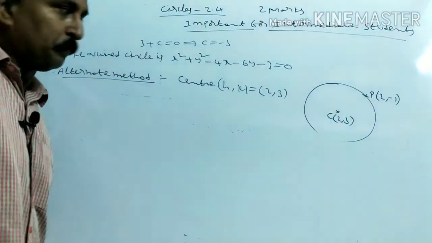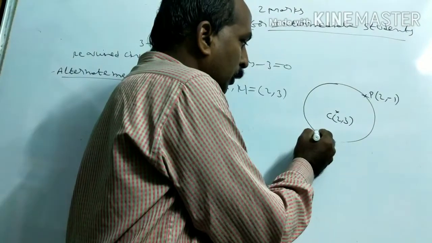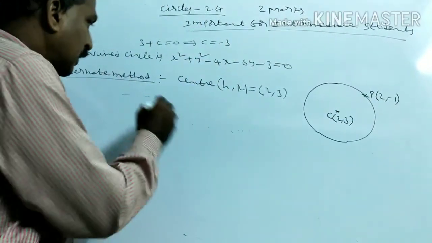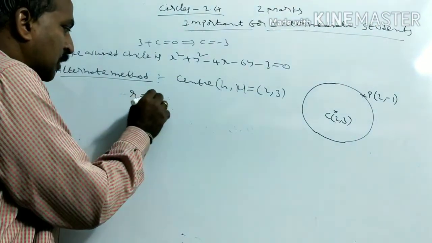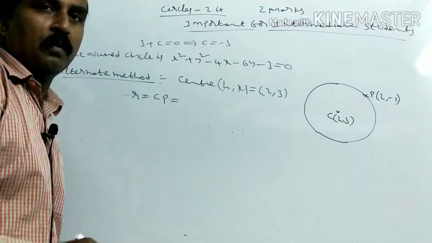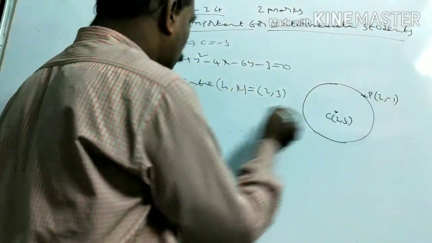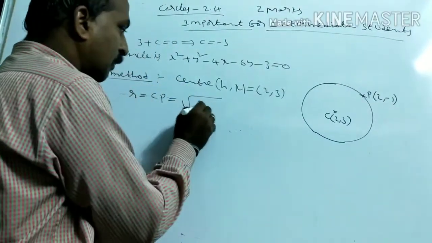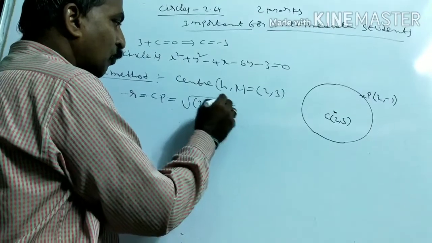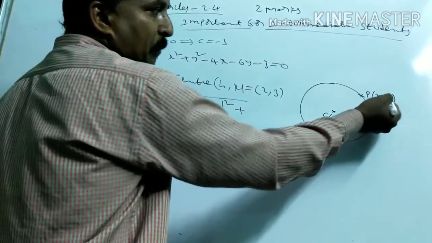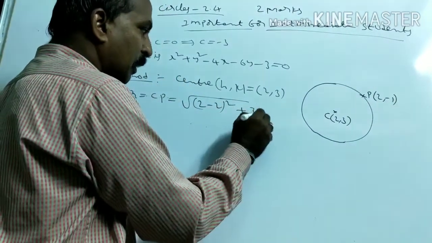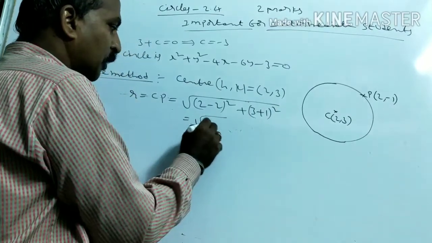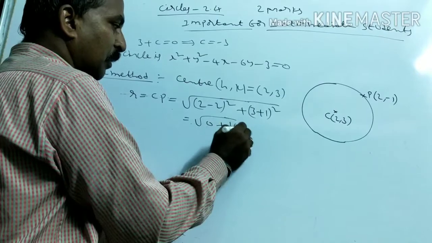We know that the distance from the center to any point on the circle is the radius. Radius r equal to CP, the distance between 2 points, square root of (x2 minus x1) whole square, (2 minus 2) whole square, plus (y2 minus y1) whole square, (3 minus of -1), (3 plus 1) whole square, equal to square root of 0 plus 16, equal to 4.